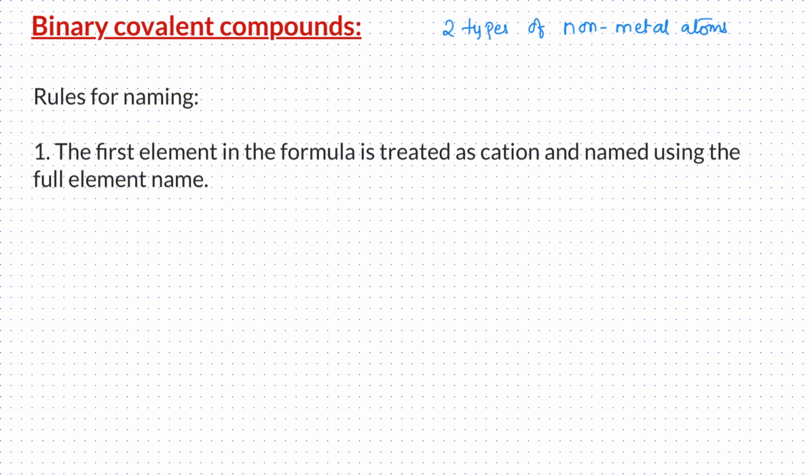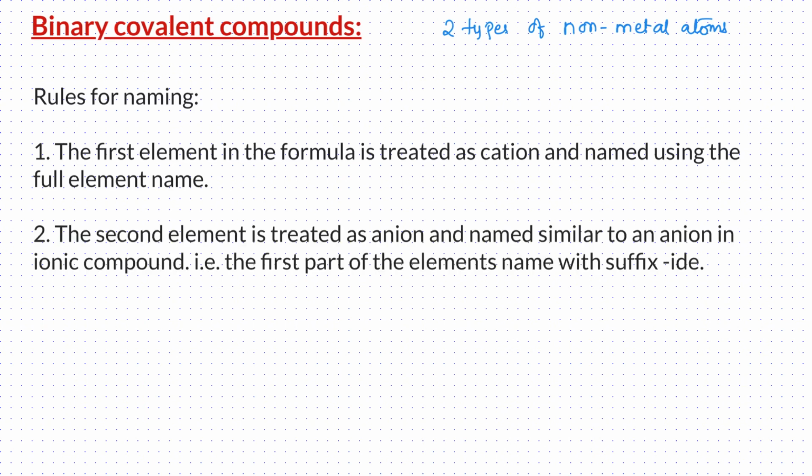The first element in the formula is treated as a cation and named using the full name of the element. 2. The second element in the formula is treated as an anion and named similar to an anion in the ionic compound. That is, we take the first part of the element's name and add the suffix -ide.